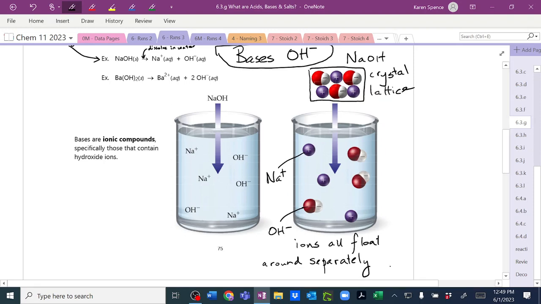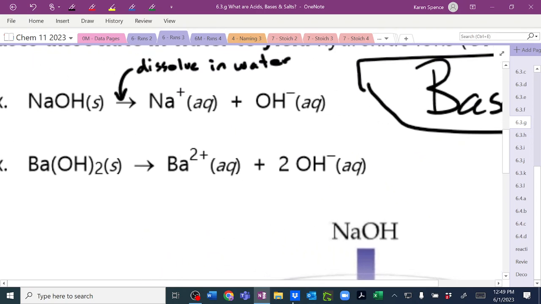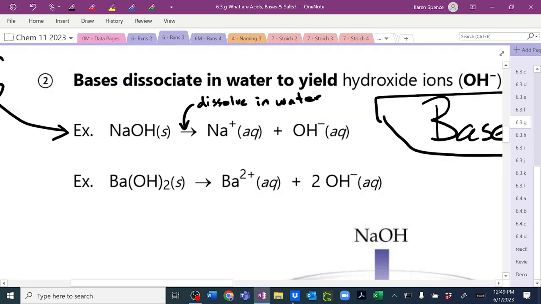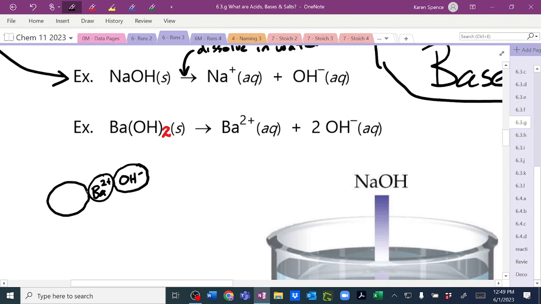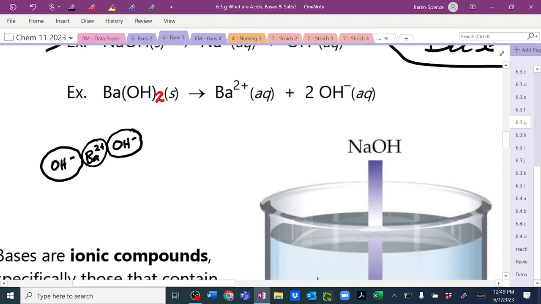Now, let's just take a look at barium hydroxide, because there's one thing that's different about that, and that is that the hydroxide has a 2. Yes? That means when it dissociates, we would have a barium 2+, and we would have a hydroxide, OH-, 2 hydroxides for every 1 barium.